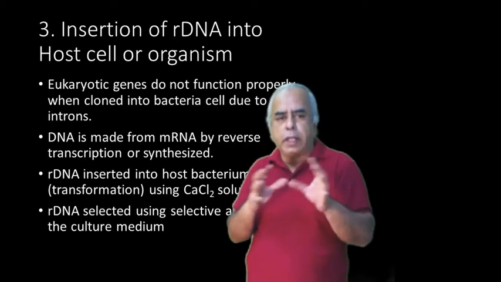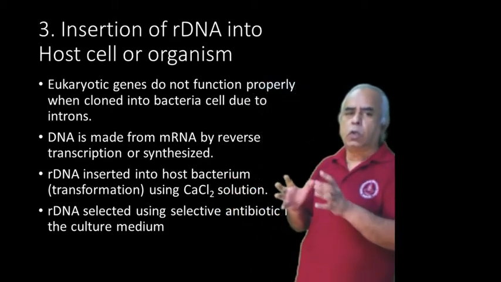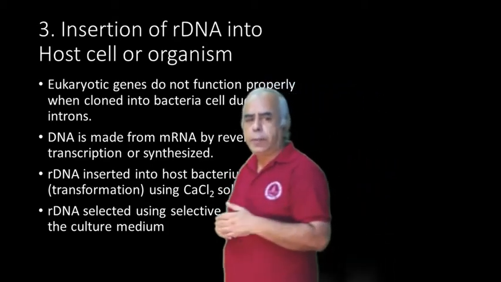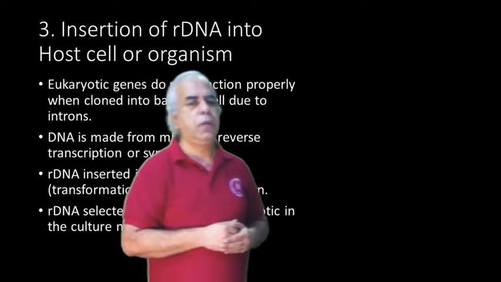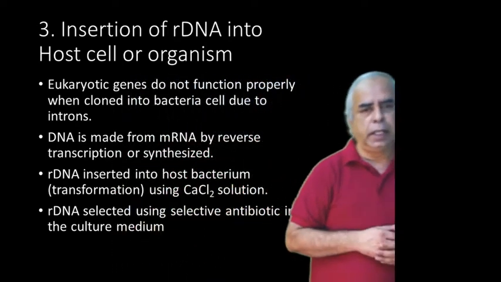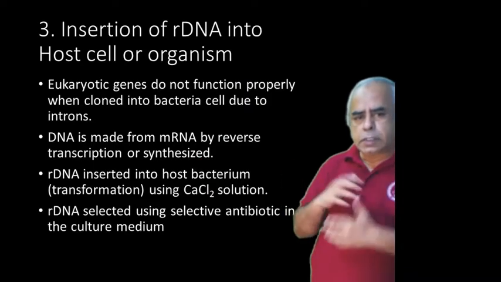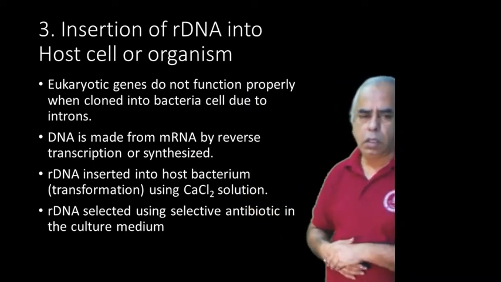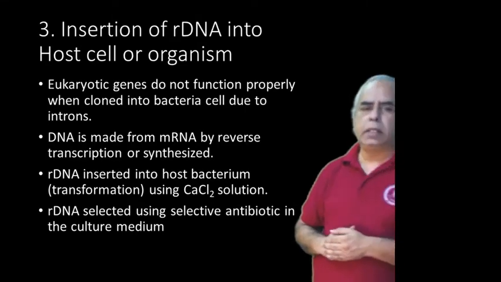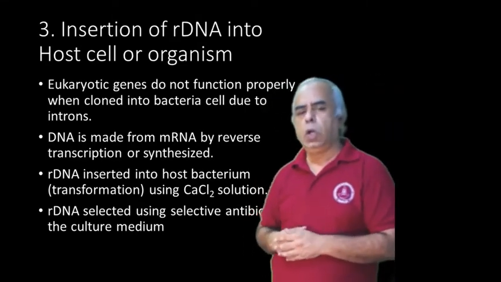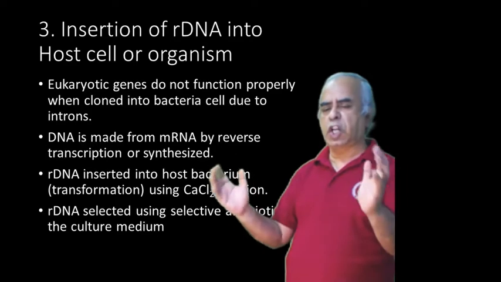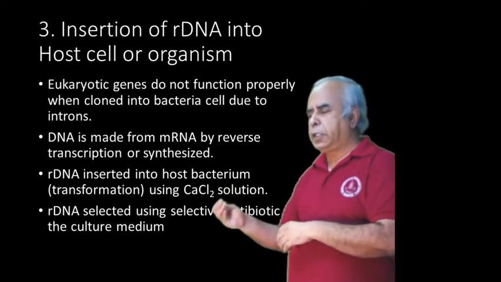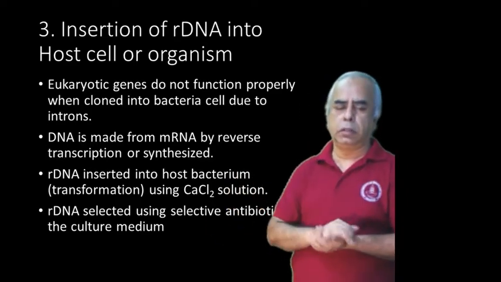So there should not be any interference with the growth of the cell, and that is why the DNA is made from mRNA by reverse transcription, or by synthesis, and the rDNA is inserted into the host bacterium. That is called transformation, and we can use calcium chloride solution here.